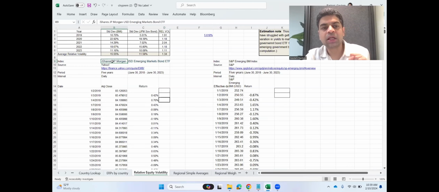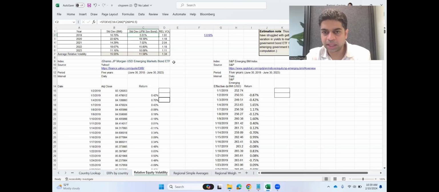One is the JP Morgan USD Emerging Market Bond ETF, and he's pulled the standard deviation. He has gone 5 years back in time, and from this emerging market bond ETF, he has computed the standard deviation for each of those 5 years for the bond market.